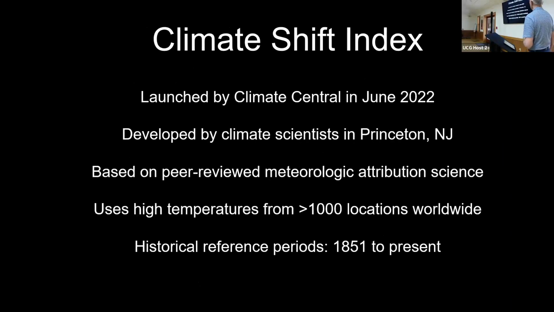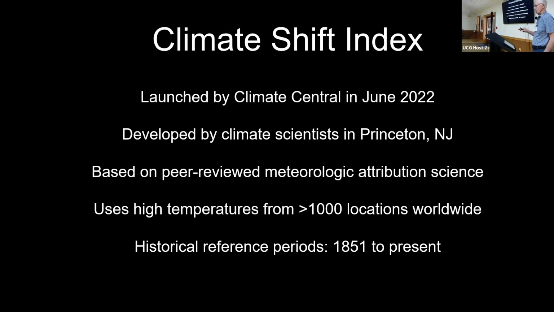And so there's a group up in Princeton that formed in 2008 called Climate Central. These are climate scientists and journalists, and they looked at these recent articles and said, we need to develop something that can be used by everybody, the general public.